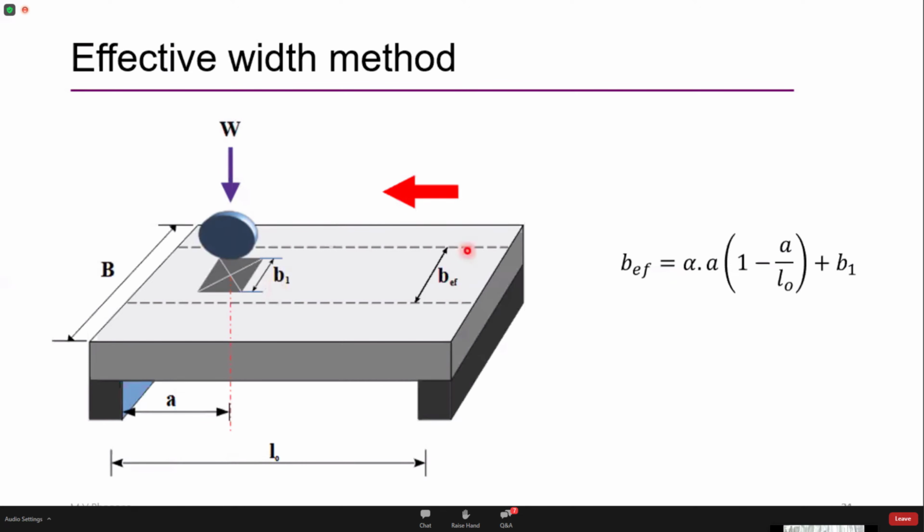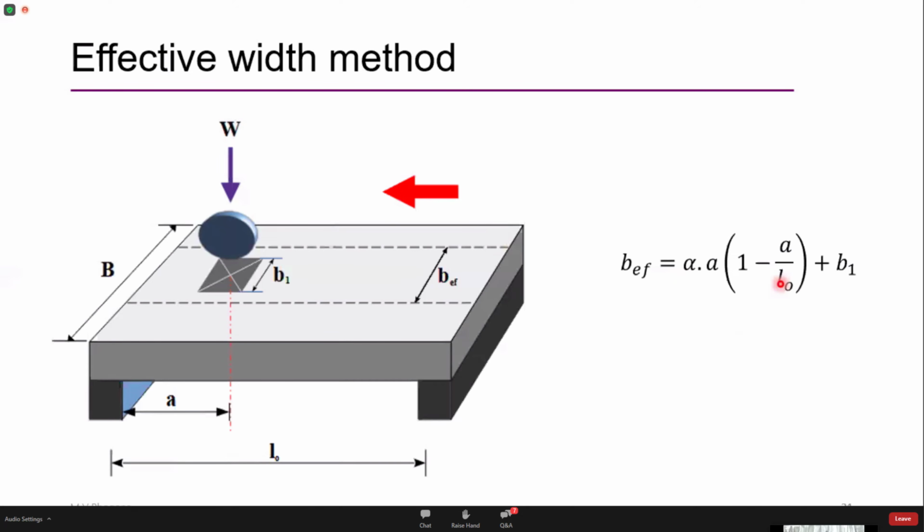And B effective, what you see here, is the width of the load that has dispersed along the width of the slab, and this B effective is calculated by this expression: alpha times a into (1 minus a upon L0) plus B1. This is the expression which is given in IRC 112, and a similar expression is given in IS 456, where the slabs are designed for concentrated loads.